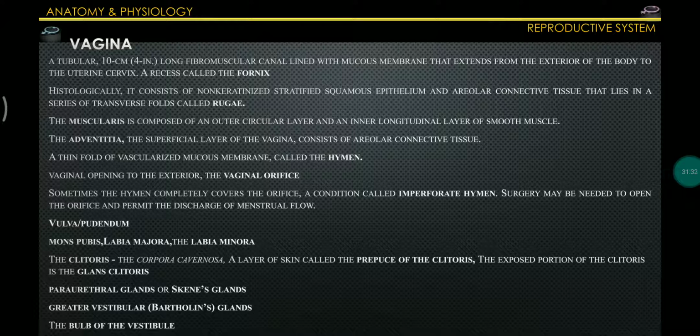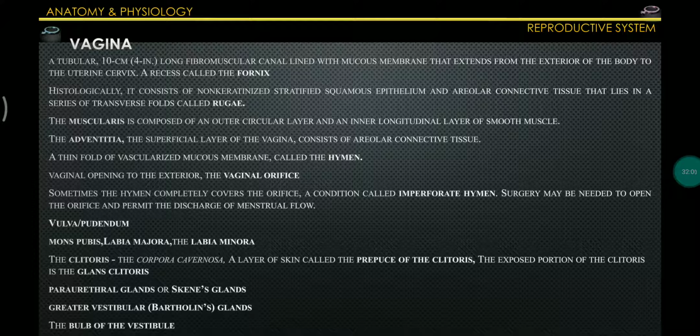Mons pubis is the bulged portion at the starting portion of the vagina. Labia majora and labia minora are the slit-like structures of the vagina, composed of skin which is invaginated to form two major lips and minor lips.